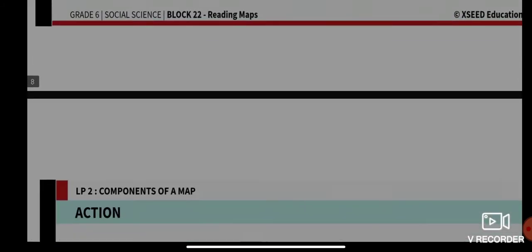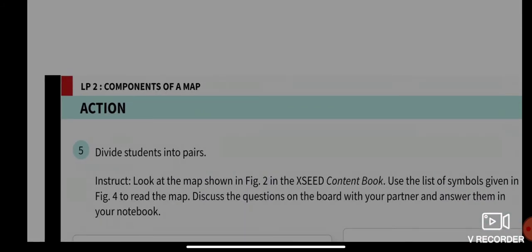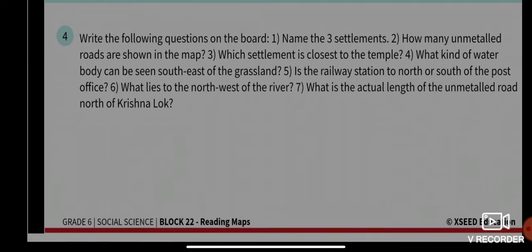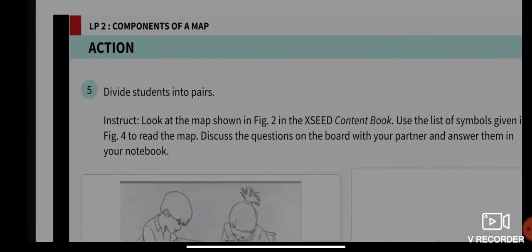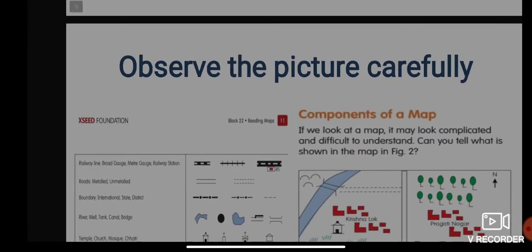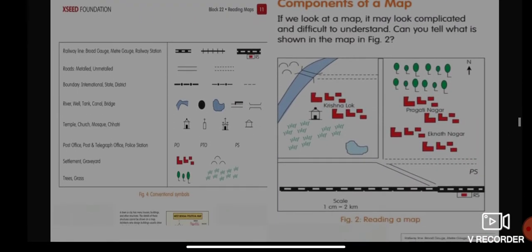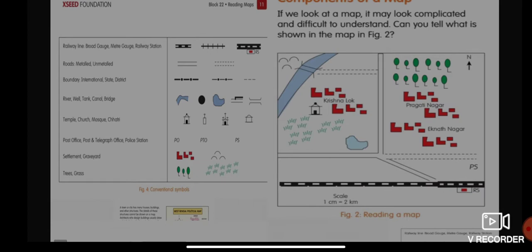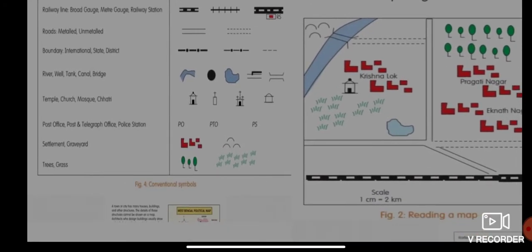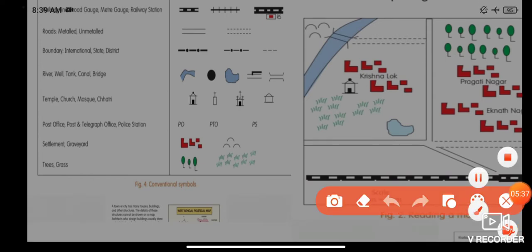Okay, after observing figure 2 and figure 4, you have to come back to these questions. Alright, this is a clue under which you have to connect to the given figures. Alright, so let me just give you the figures. So you have to observe the figure carefully, the given picture. Right, so these are the two figures you will even find in your textbook, under figure 4 and figure 2.